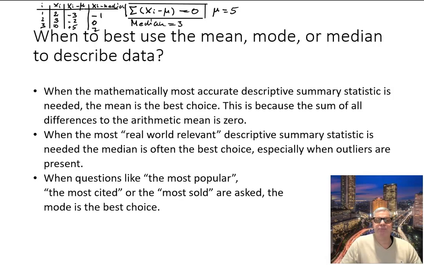But that might be because of tremendous income inequality. So we'd like to report the median whenever we suspect that the distribution is highly skewed, and especially skewed, doesn't matter which direction. Most of the data in economics is skewed to the right.